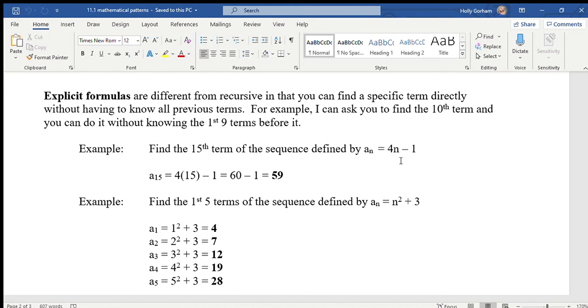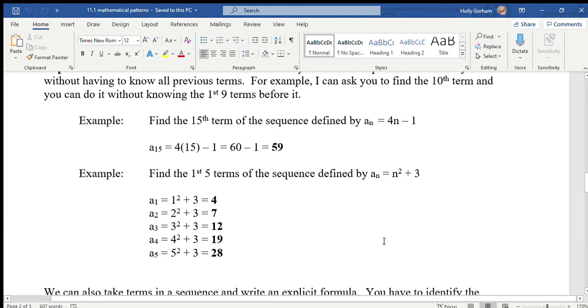So for example, this says find the 15th term of the sequence defined by a sub n equals 4n minus 1. If we want to find the 15th term, that means we want to find a sub 15. So we're still going to substitute that 15 for the n, but look at what happens when you do that. When you substitute that, you get 59. That's the 15th number in the sequence. So you don't have to know anything beforehand.